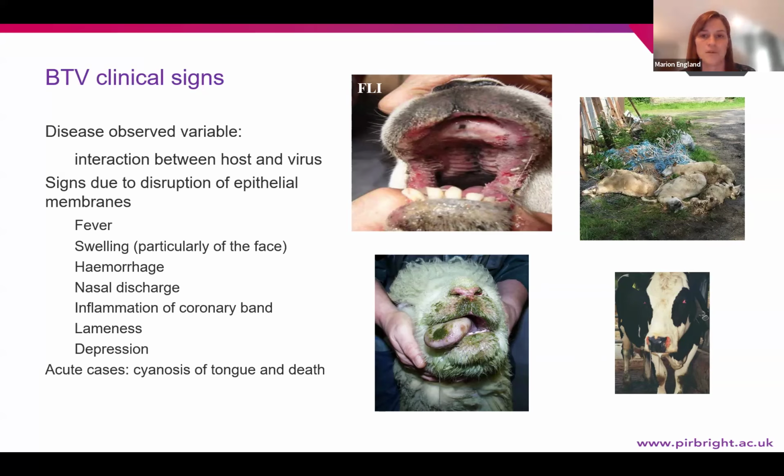So typically, though, we would see fever, swelling of the face, hemorrhaging, nasal discharge, lameness, and depression. And in severe cases, we do see cyanosis of the tongue, but it's very much only in severe cases. So bluetongue generally does not present with a blue tongue, so it's a little bit of a misnomer.